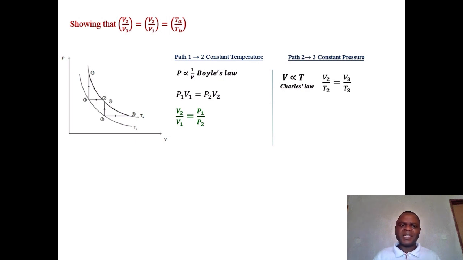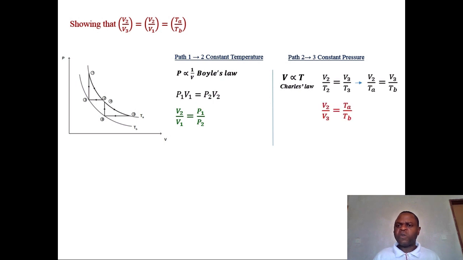So it means that at point 2, V2 over T2 is equal to V3 over T3 according to this relationship. And we know that T2 is equal to TA and T3 is equal to TB. So V2 over TA is equal to V3 over TB.